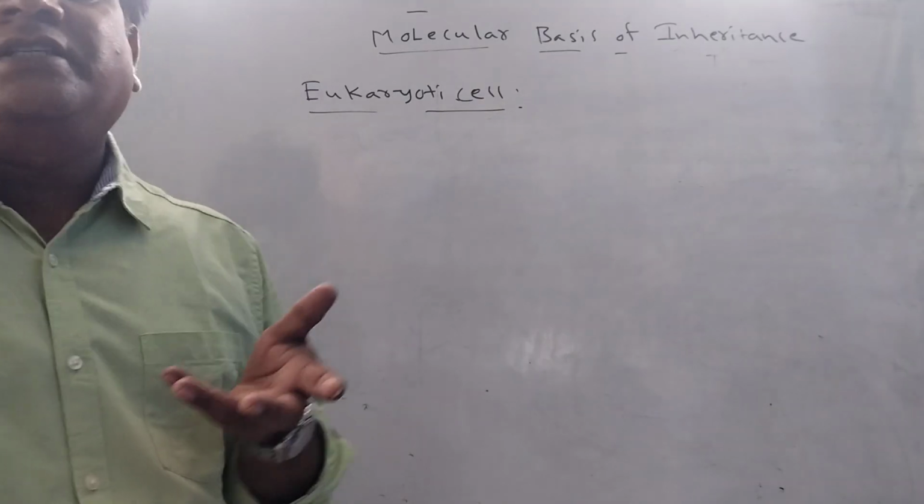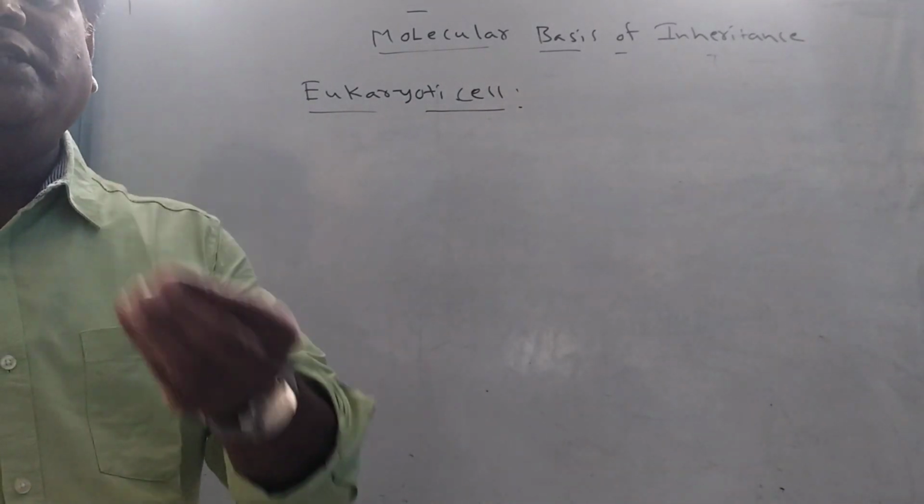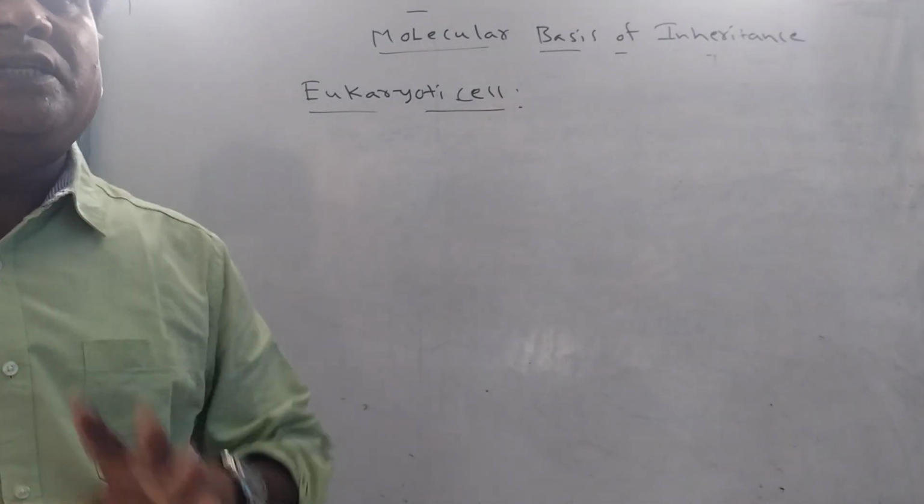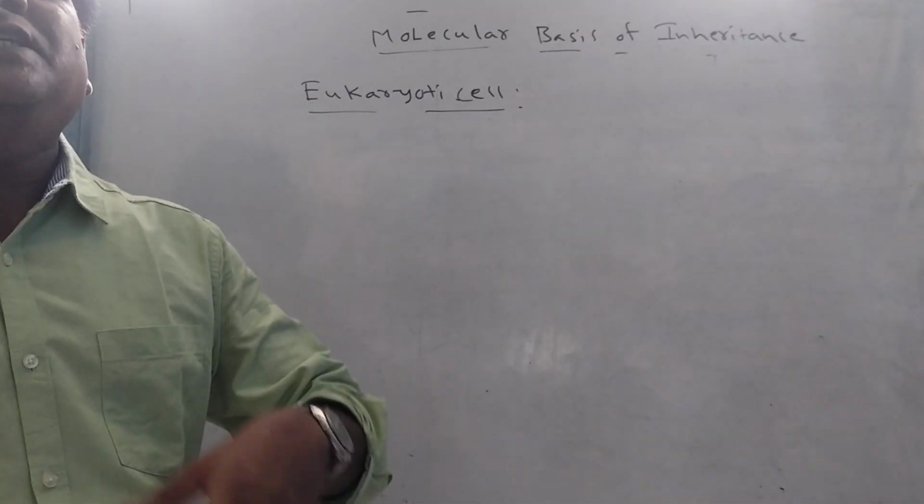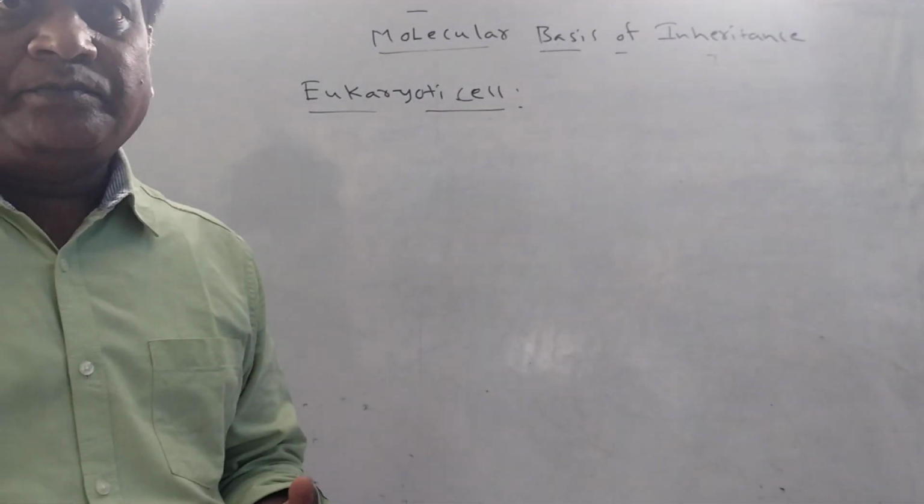Eukaryote cells means a well developed nucleus is present, meaning a nuclear membrane is present, and the genetic material is present inside the nucleus, not in the cytoplasm. This is the difference.